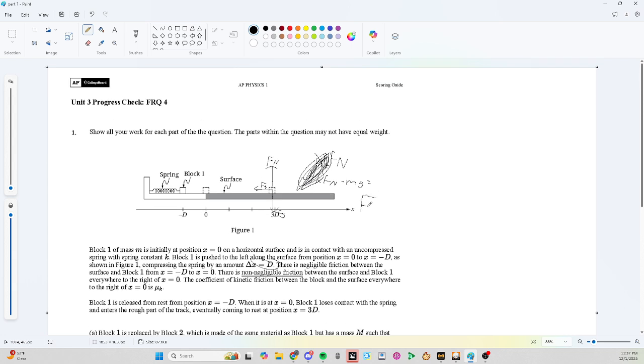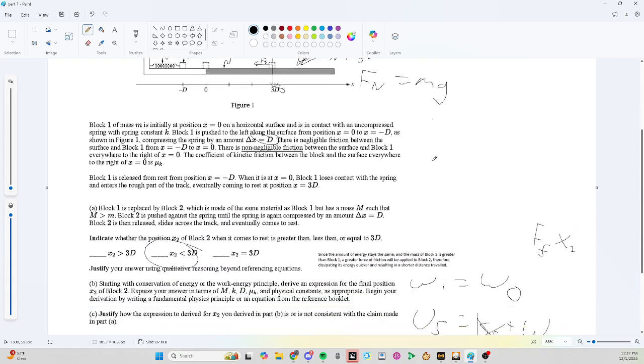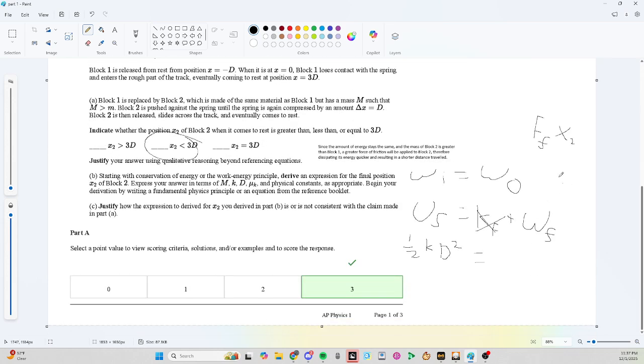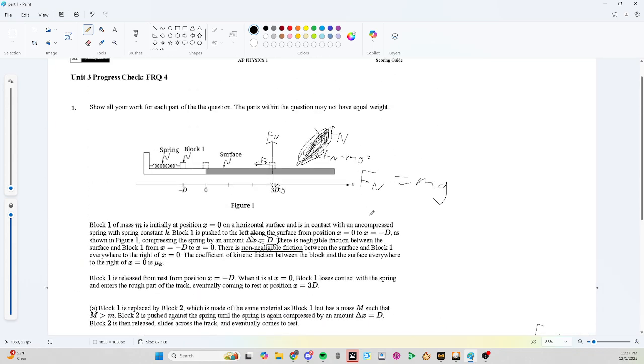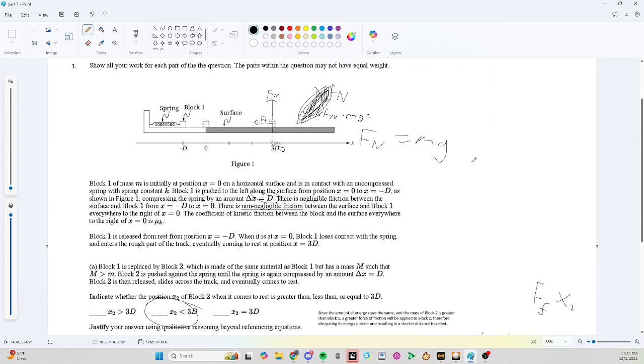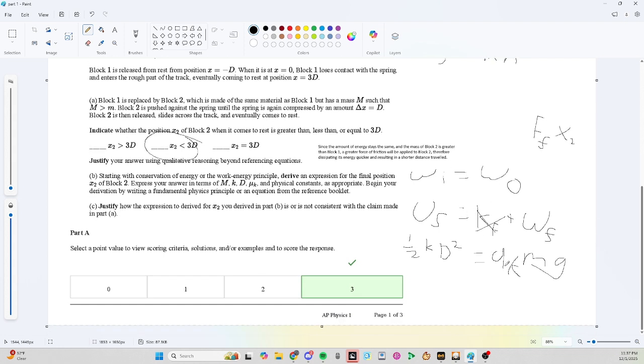So it's just Fn is equal to mg, and we know that friction is mu k Fn. So then right here for work of friction, we could just put mu sub k mg, which we got from right here. So we just replace Fn here, just to make it make more sense. We replace that right here, and then as well x2.